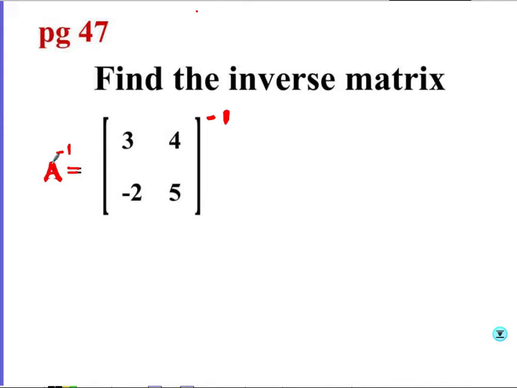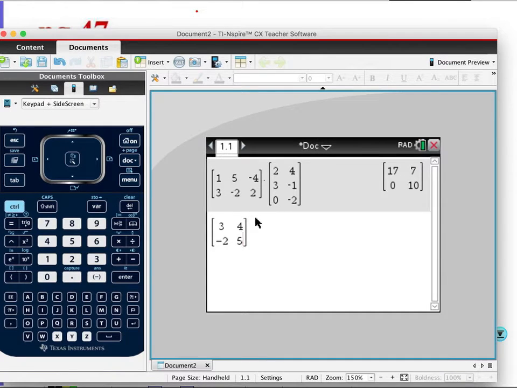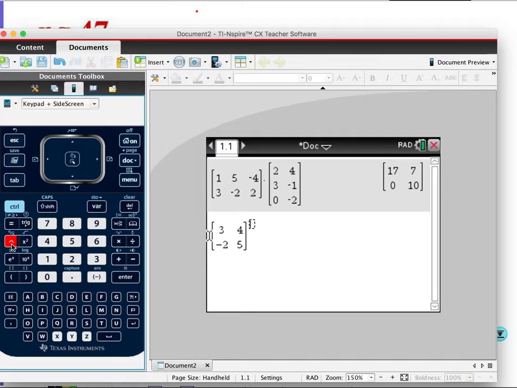The way I would read this is matrix A inverse. So if we go back to our calculator, I'm going to hit the right arrow to get outside of the matrix. I'm going to hit this caret symbol here and put -1. If I hit enter, this is going to be my A inverse matrix.